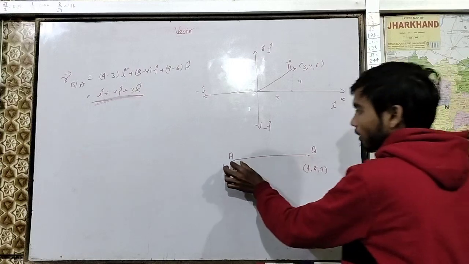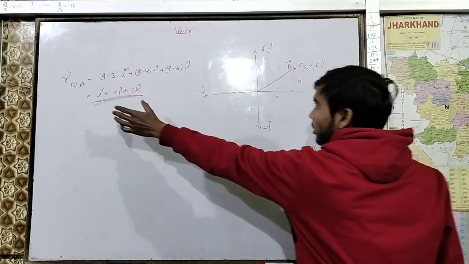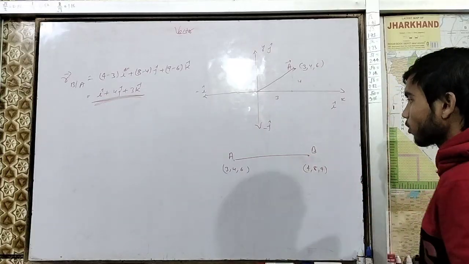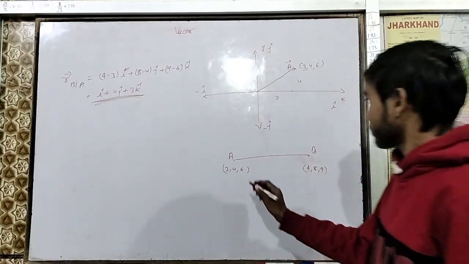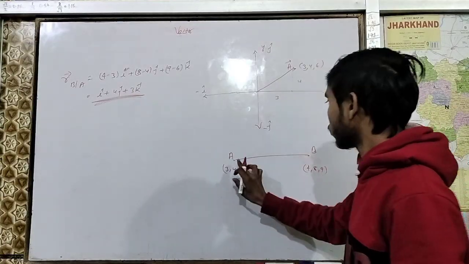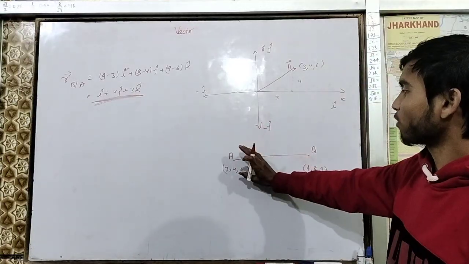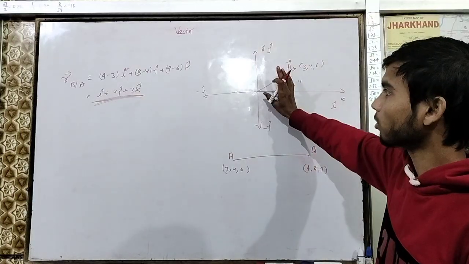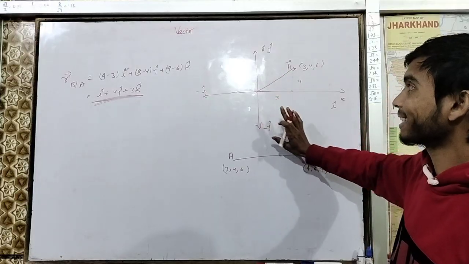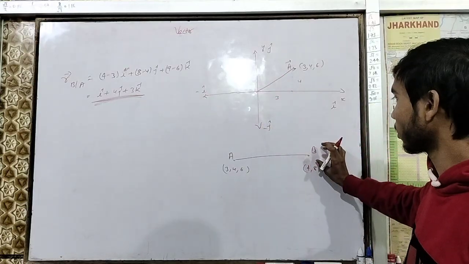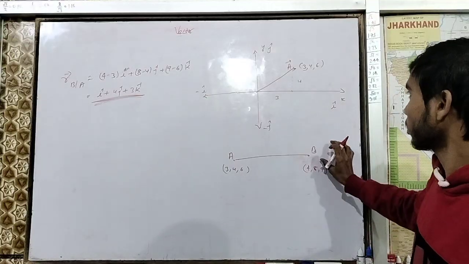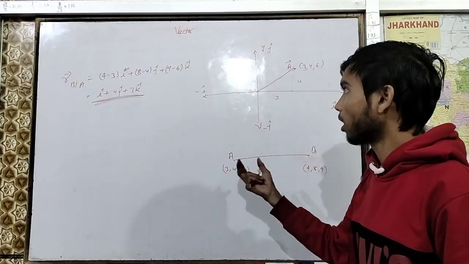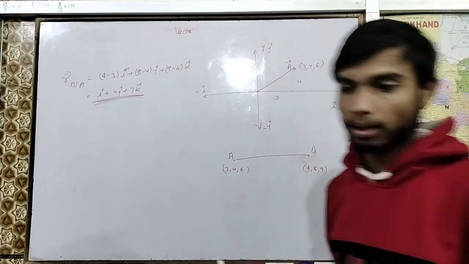But remember, we are over here. From here we will cover this much distance, not from origin. So from here we will cover 1 unit along x, 4 units along y, 3 units along z, then we will come over here. So this much distance this particle covered, this particle displaced.